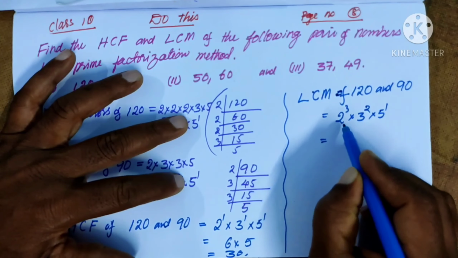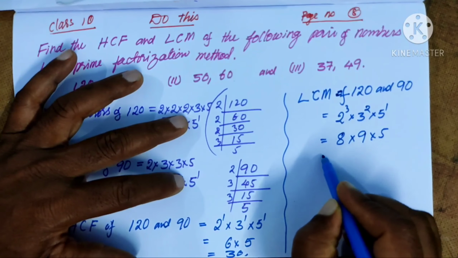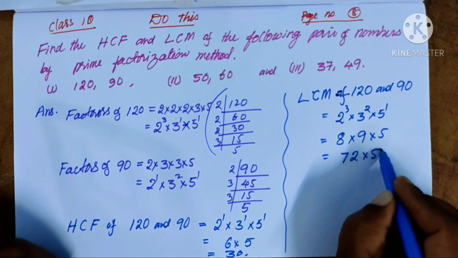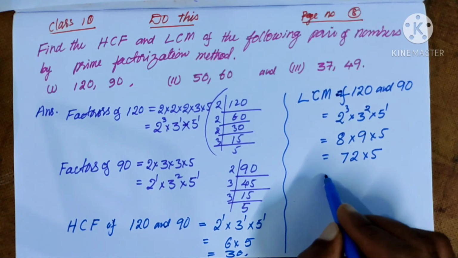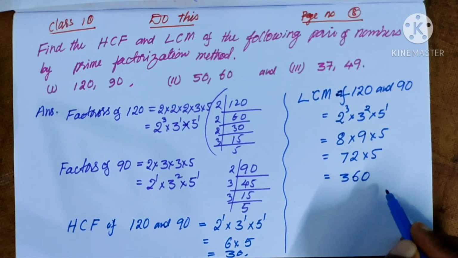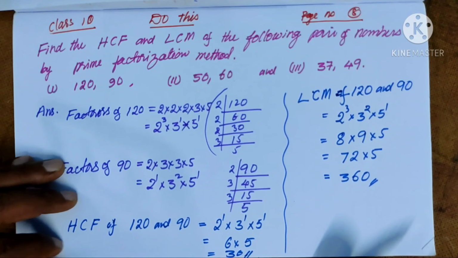So 2 to the power of 3 is equal to 8, 3 to the power of 2 is equal to 9, and 5 to the power of 1 is equal to 5. So 8 9s are 72 into 5. 72 into 5 is equal to 360. So this is the LCM of 120 and 90.